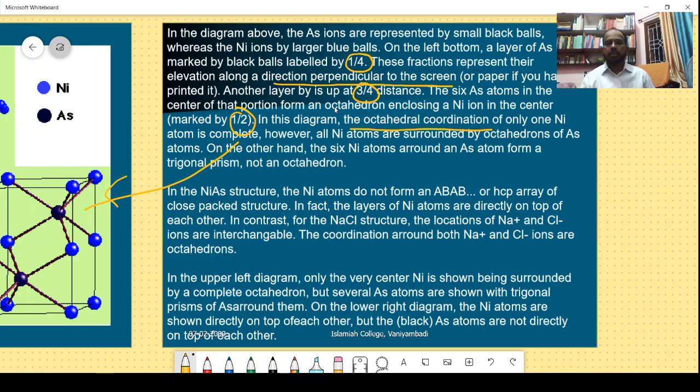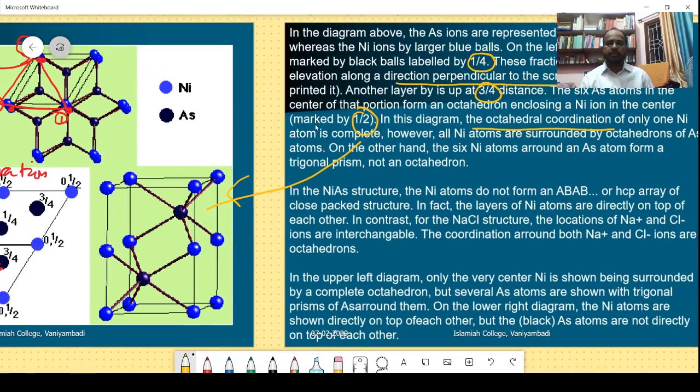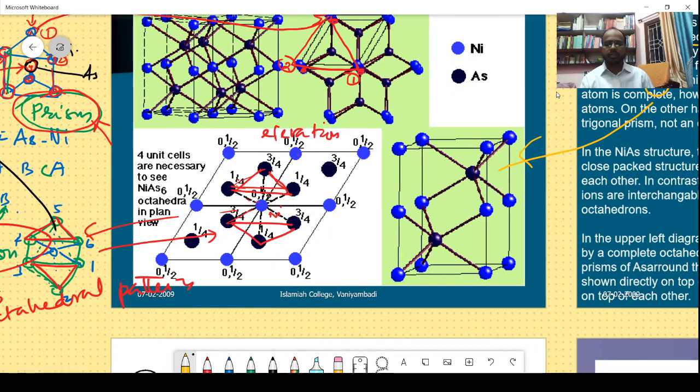Okay, they take up the trigonal prism and not an octahedron, right? Here it is an octahedron only when nickel is at the center and arsenic is around it. There is another way in which you can say arsenic at the center, and then you are surrounded by the nickel atoms around.